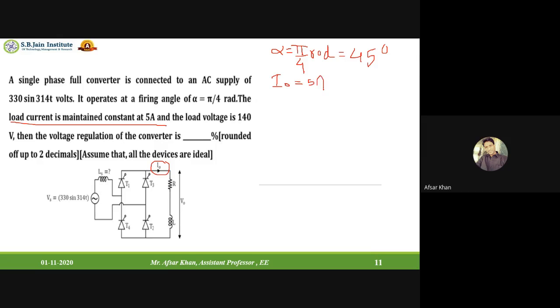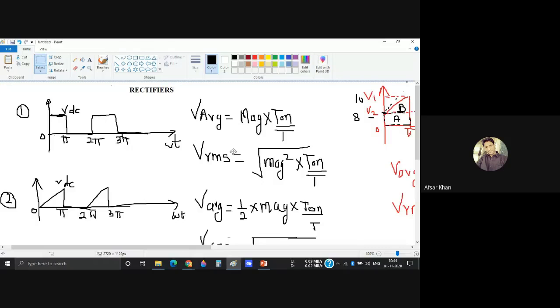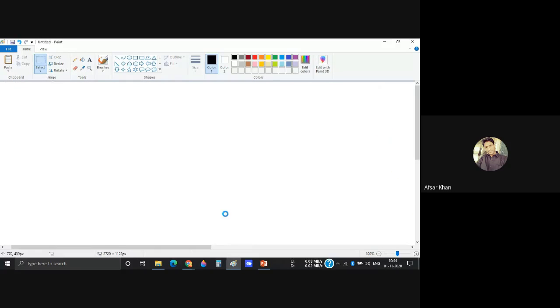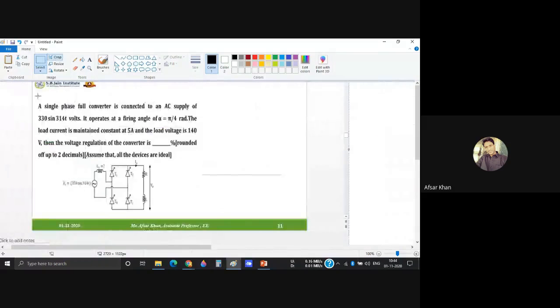Next, what is given? Load voltage is also given. Let me just take it in 10, it will be easy. Students, have you taken this? So we will solve it here.